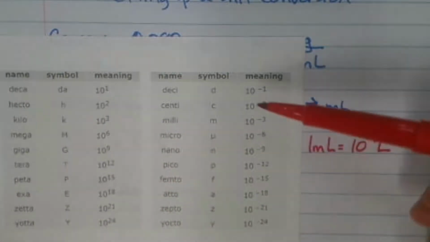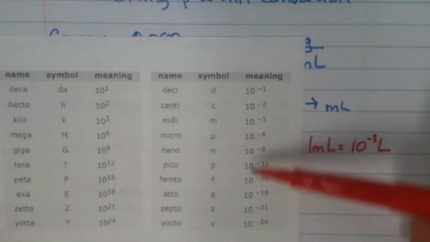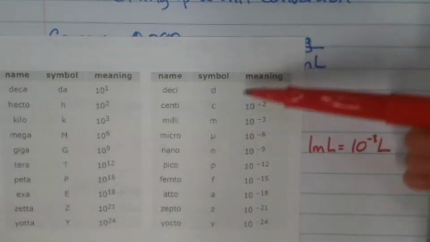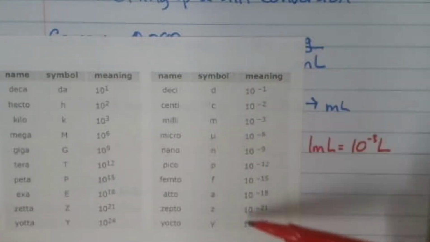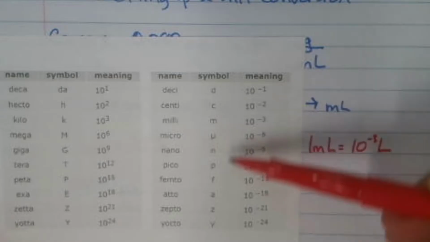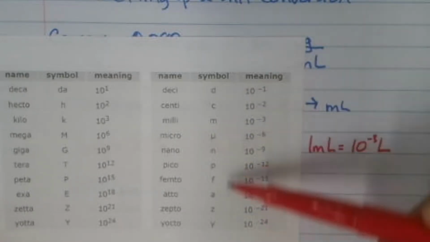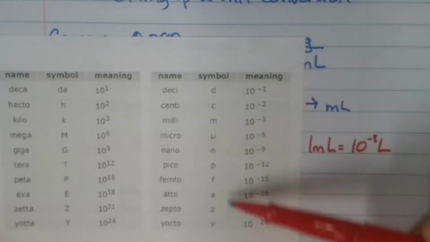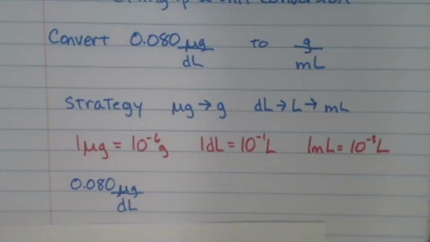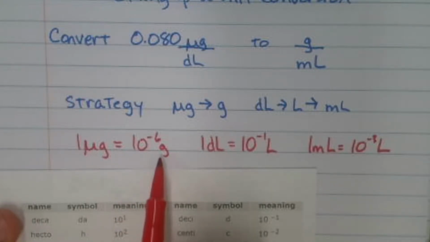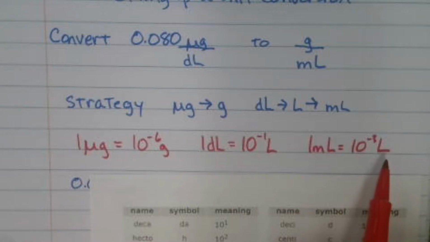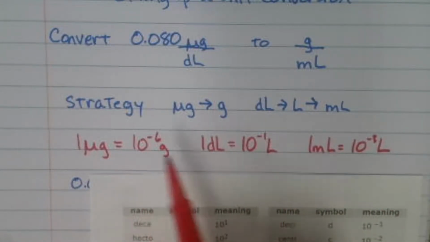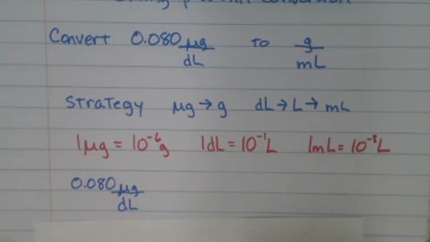The way that we read this column, meaning with the scientific notation, we always associate this column with your base units. So grams would be a base unit, liters would be a base unit, meters would be a base unit. Okay, and so that's what we did here. 10 to the negative 6 grams, 10 to the negative 1 liters, and then 10 to the negative 3 liters. Notice base unit, base unit, base unit, all of those with scientific notation.